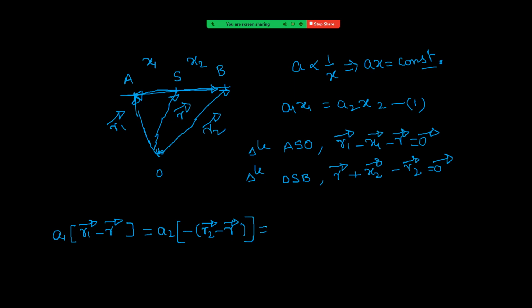Right. Now simplify this. The remaining is just the simplification part. It is A1 R1 bar plus A2 R2 bar. I have taken that to the left side. Equal to, I'm taking now R bar to the right side. So R bar into A1 plus A2.